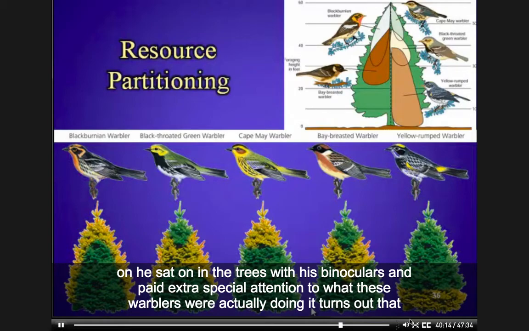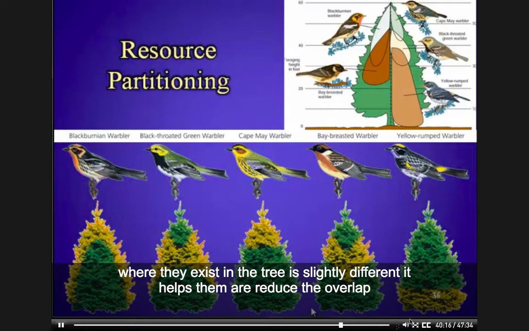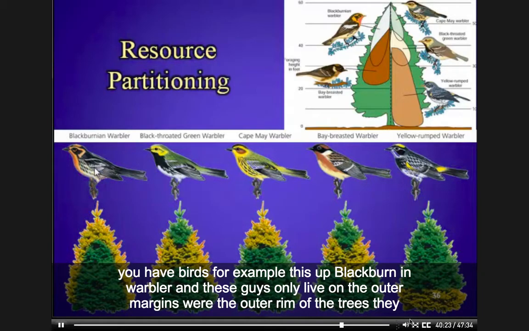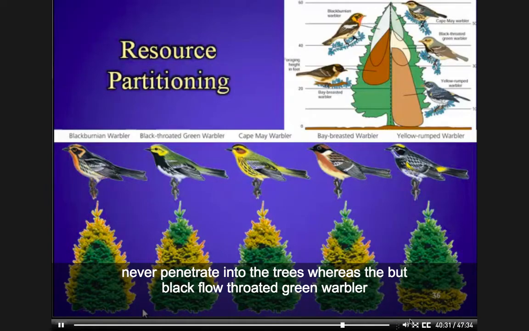And it turns out that where they exist in the tree is slightly different. It helps them reduce the overlap. You have birds, for example, this Blackburnian warbler, and these guys only live on the outer margins or the outer rim of the trees. They never penetrate into the trees.